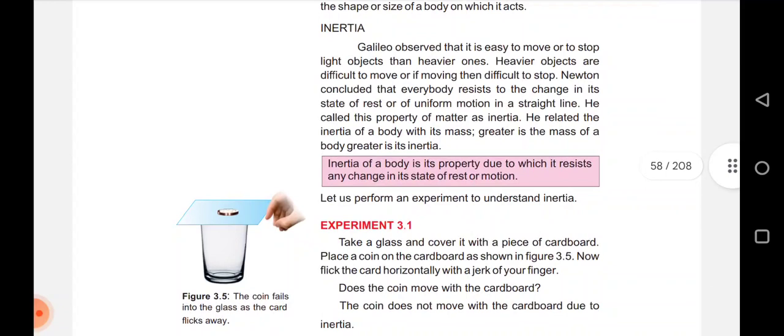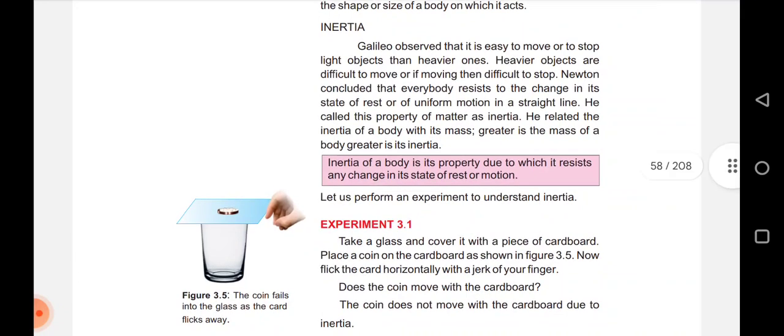Inertia. Galileo observed that it is easy to move or to stop light objects than heavier ones. Heavier objects are difficult to move, or if moving, then difficult to stop.